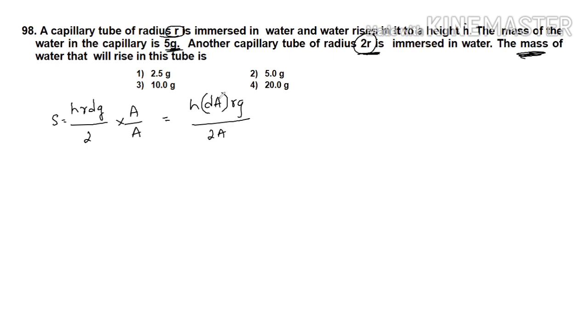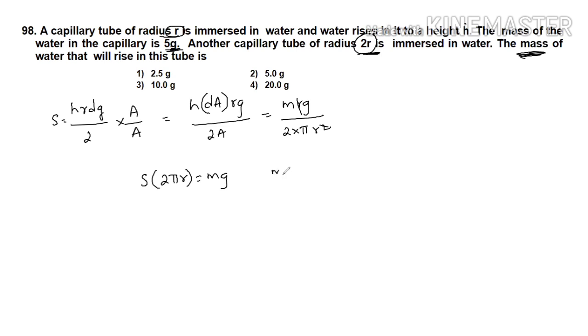Okay, so here area into density into h, we can write it as mass r g into 2 into pi r square. So here one r will get cancelled. So s into 2 pi r is equal to mg.